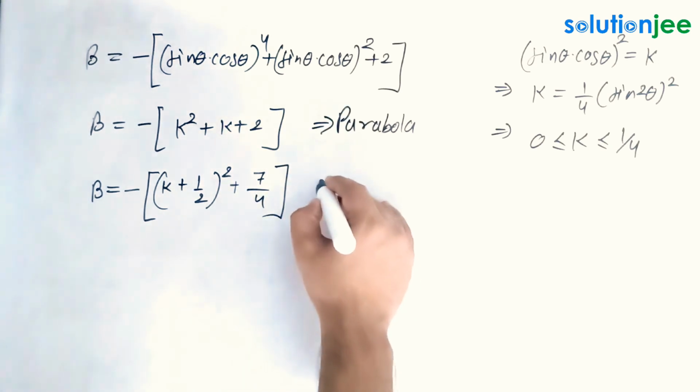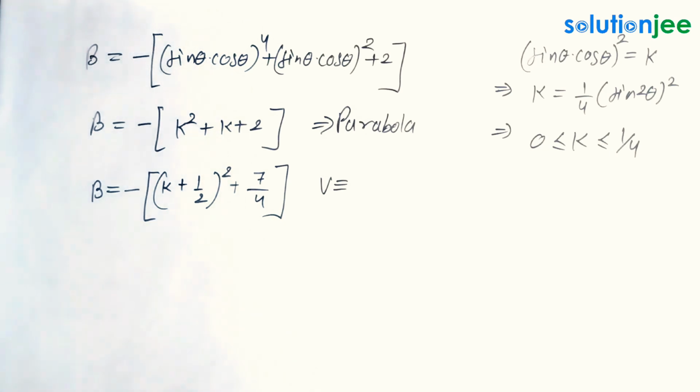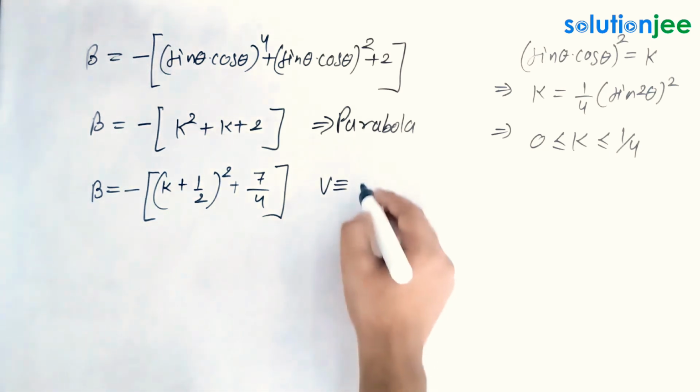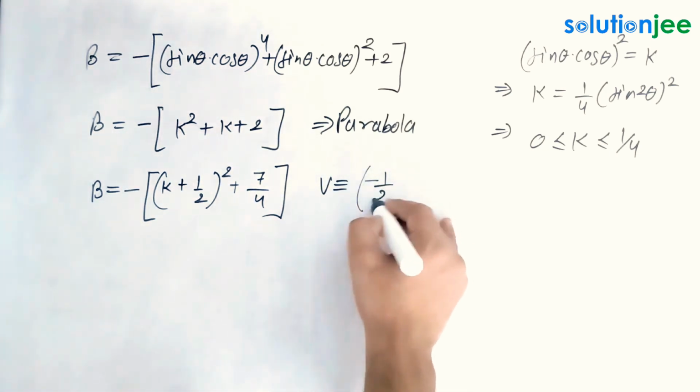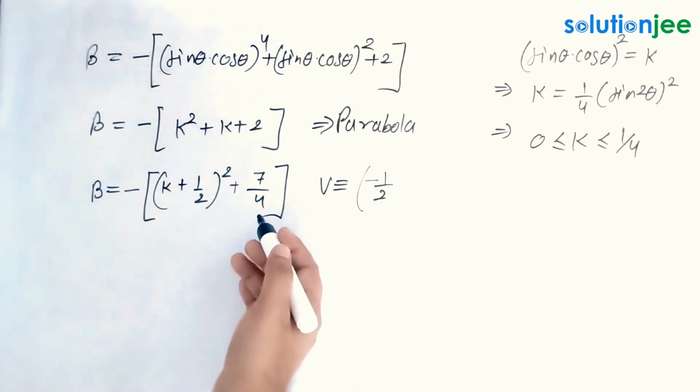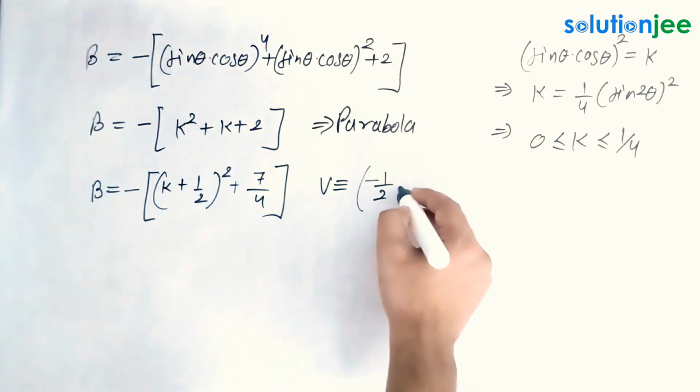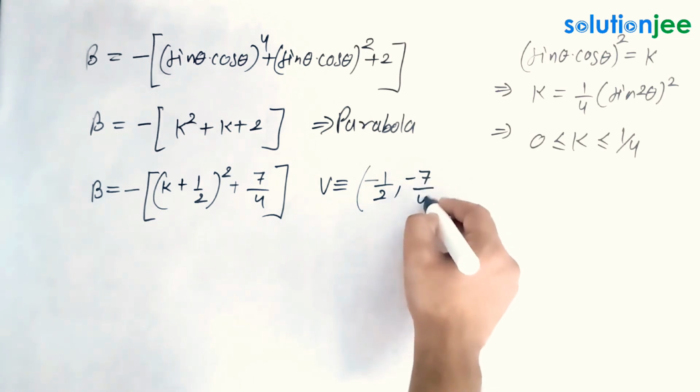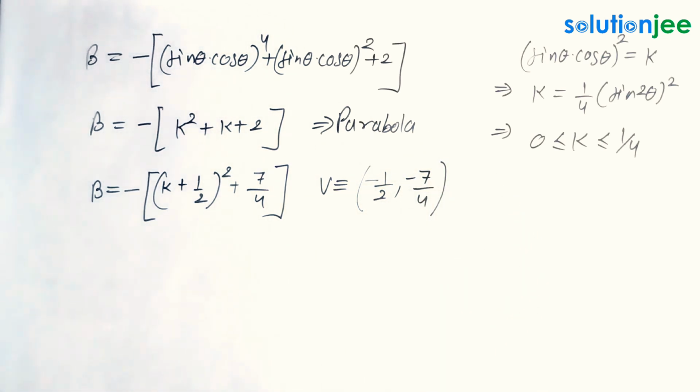So from here we get the vertex of this parabola. The vertex will be minus half, and here we have minus 7 by 4 as the y coordinate of the vertex.